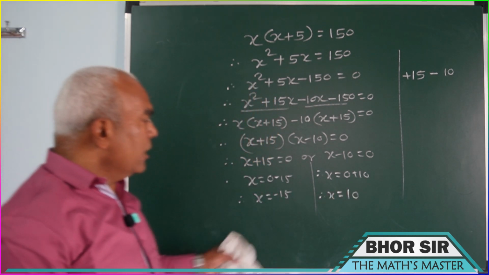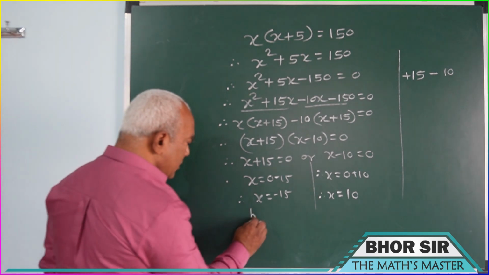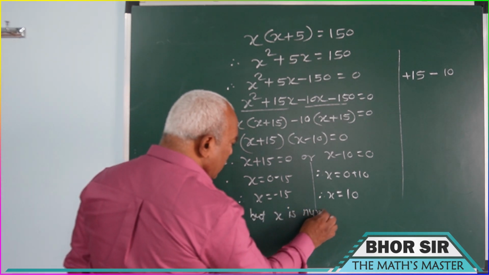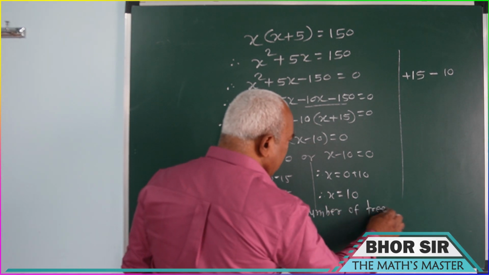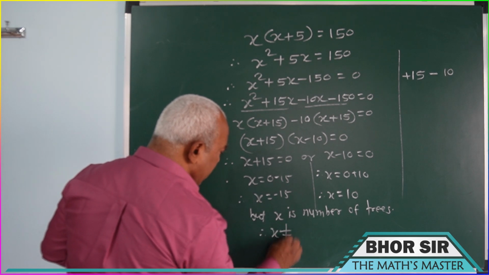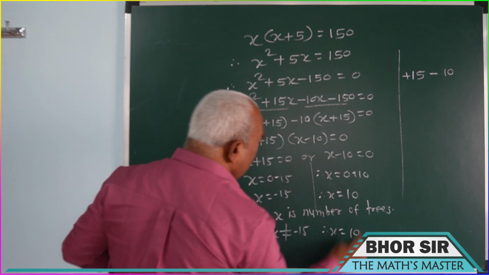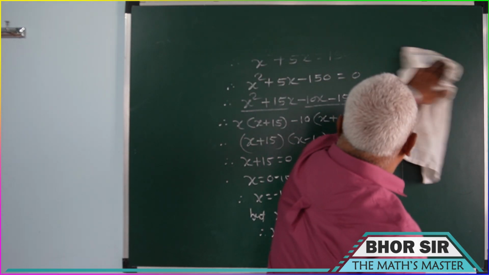But what is x? x is the number of trees. Therefore, we should say x cannot be minus 15. Therefore, x equal to 10. x is coming 10.